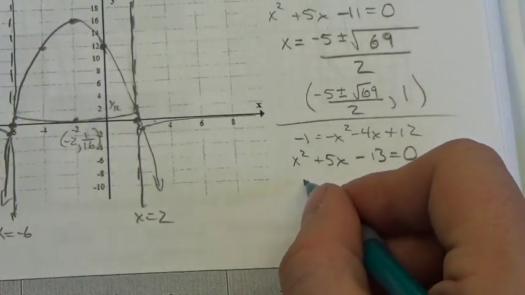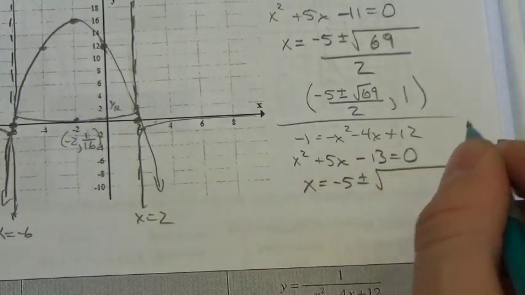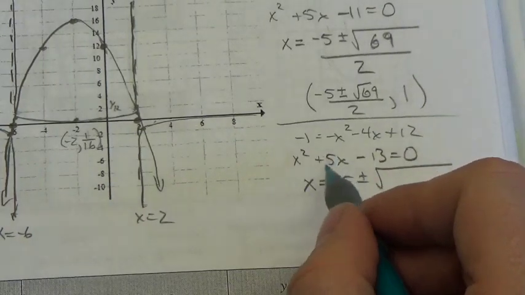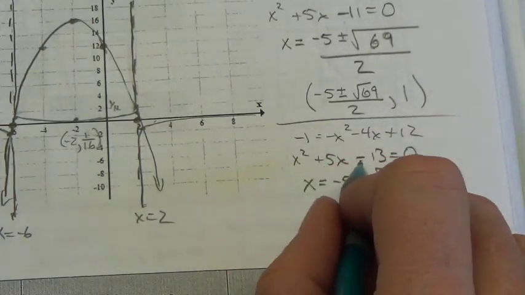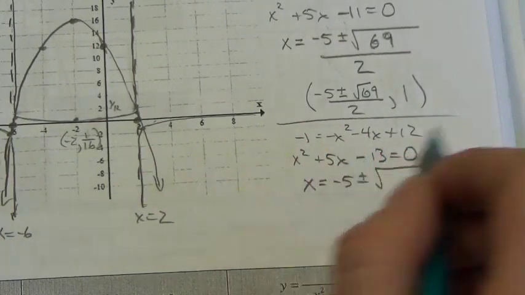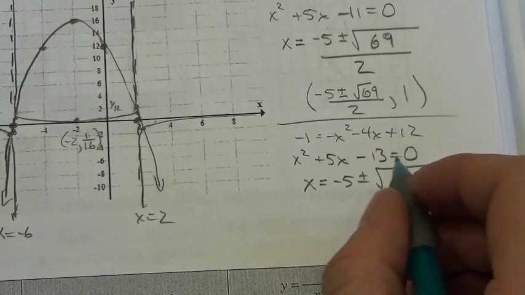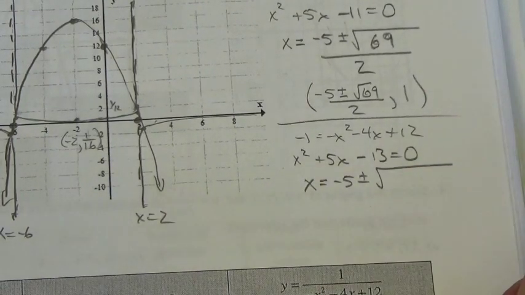So again, I'm going to jump to my quadratic formula, which will be negative 5 plus or minus the square root of, okay, 5 squared is going to be 25, minus 4 times a times c. So again, the issue here is the negative 4 times that negative 13. Excuse me, 4 times 13 is going to get you 52.